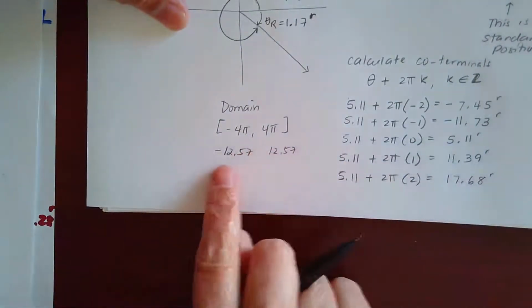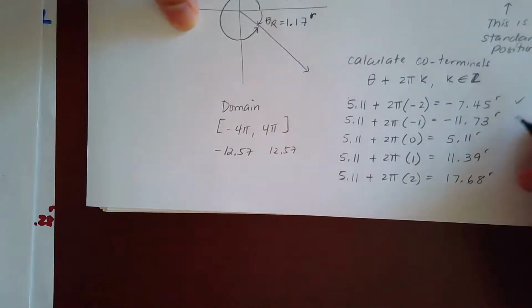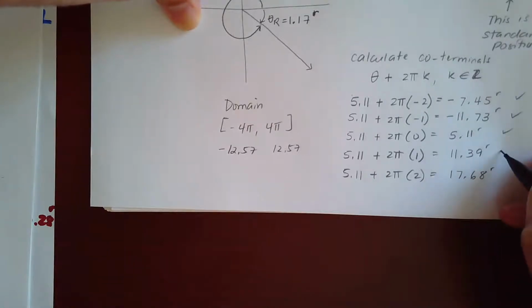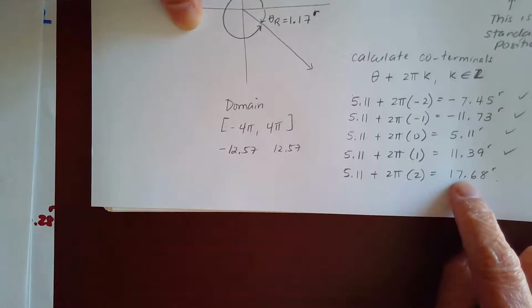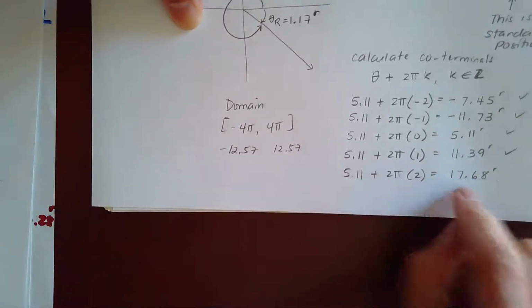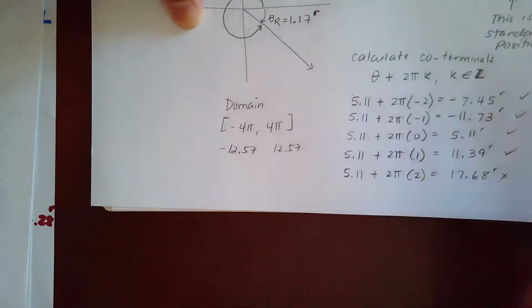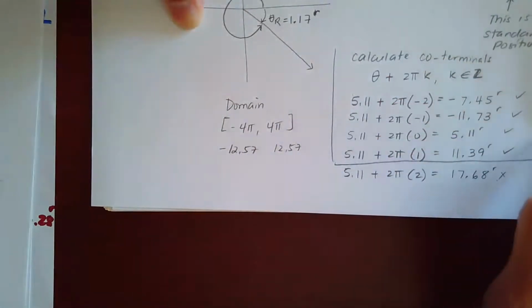So which of these fall into this domain? This one is okay, this one is okay, this one is okay, this one is okay. This one, although it's a correct coterminal, is over because we only go up to 12.57, so it is not part of our solution. So the solutions are these ones.